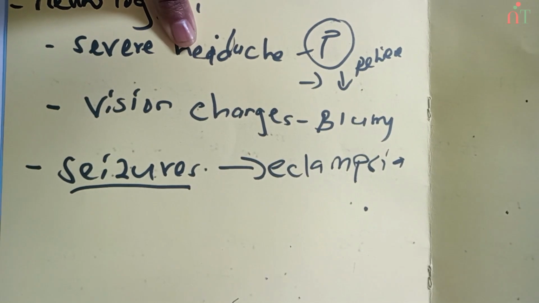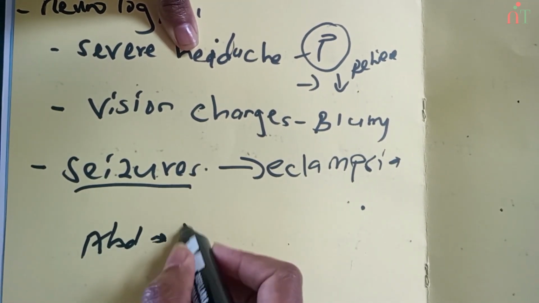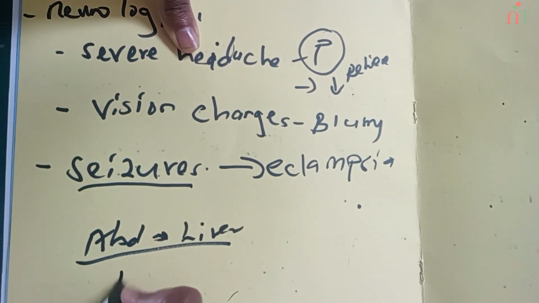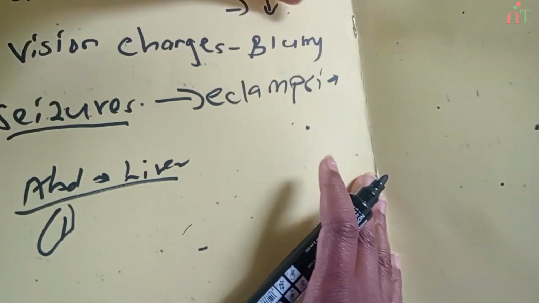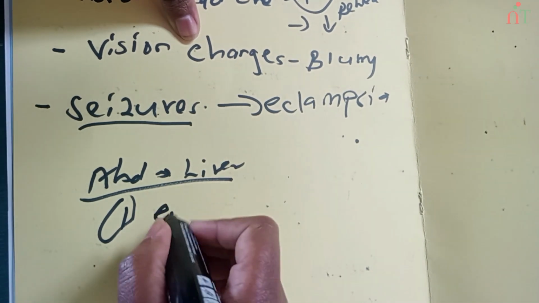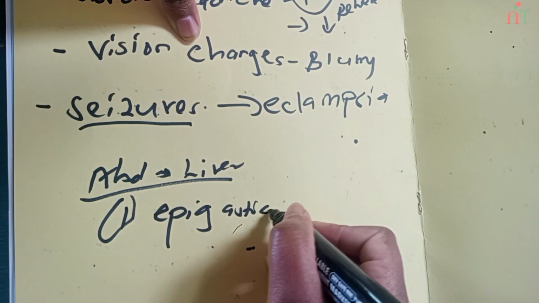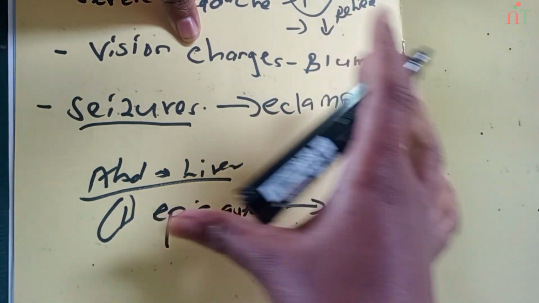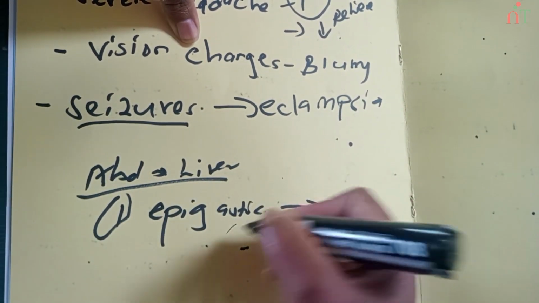Now let us talk about abdominal and liver symptoms. Which ones are these? A mom will come and tell you that, I'm having some, my body is misbehaving. I'm having some epigastric pains. And when you are examining them and you palpate around the upper right quadrant, they are going to complain of pain.